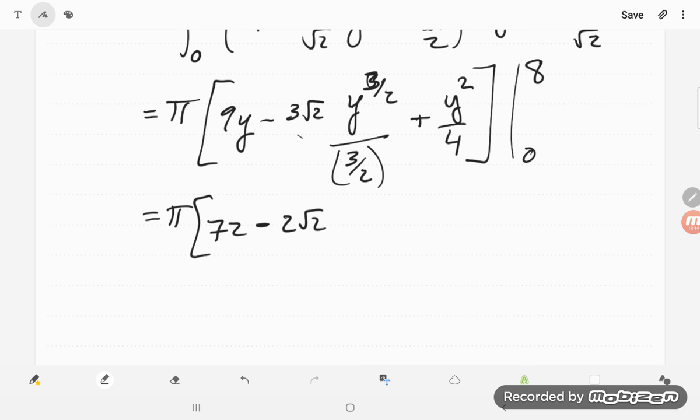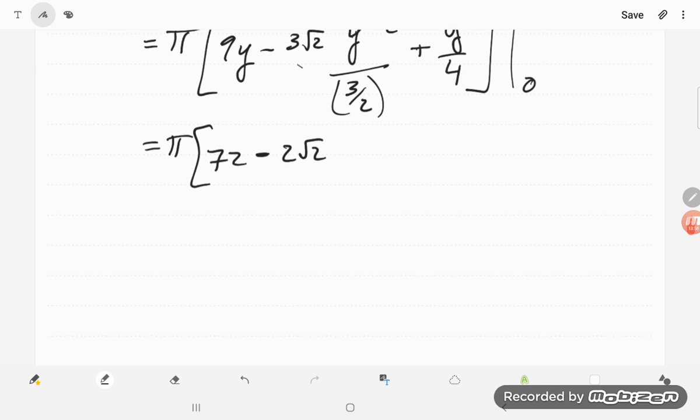8 to the 3/2. Well, so 8 to the 3/2, let's find a place to kind of write this. So 8 to the 3/2 is the square root of 8 cubed.